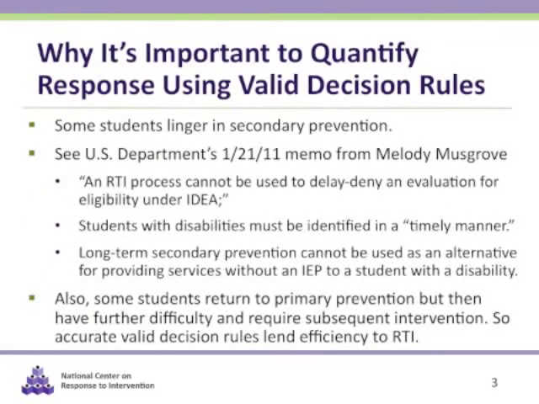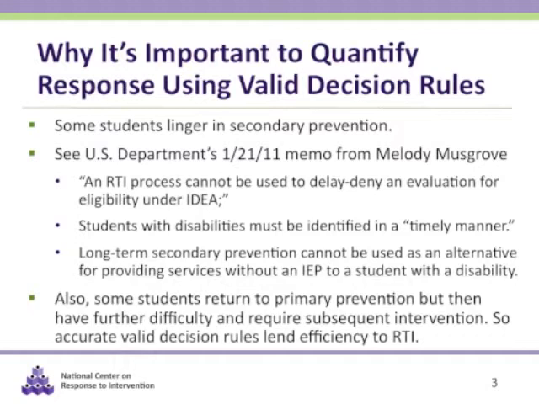So why is it important to quantify response using valid decision rules? Well, the first reason is that in many RTI systems, some students linger in secondary prevention. This lingering in secondary prevention is not legal, as discussed in a U.S. Department of Education's memo on January 21st, 2011.